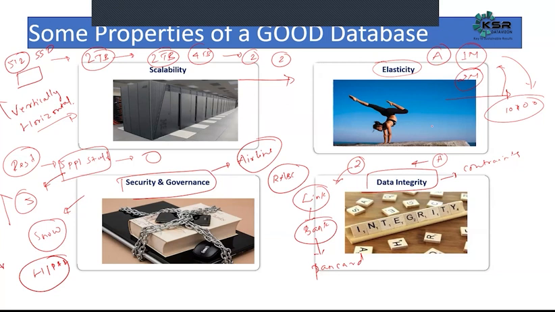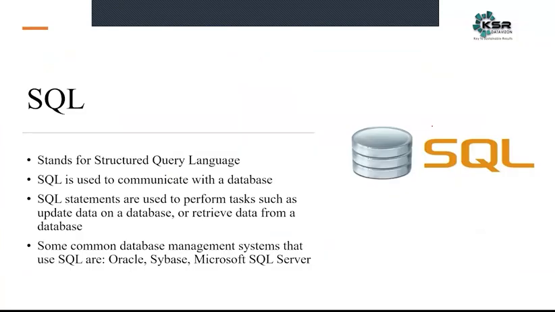Using these, we can manage our data in an effective way in the database. That's the reason a database is required. Any doubt, guys? If in any interview, freshers are asked why a database is required, can you answer this question? Okay, I hope you can answer this.